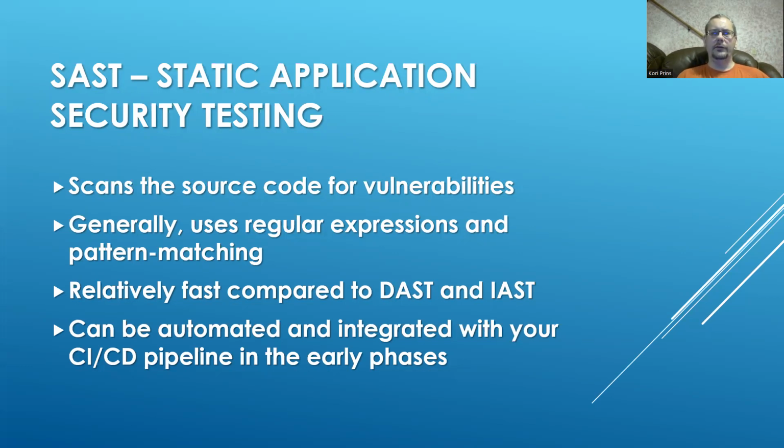It's relatively fast compared to dynamic testing and interactive testing, and can usually be integrated with your CI/CD pipeline in the early phases of development, as well as with your IDE, your development environment application.